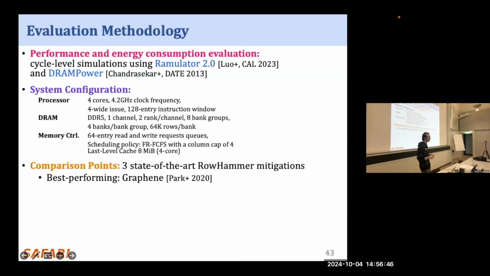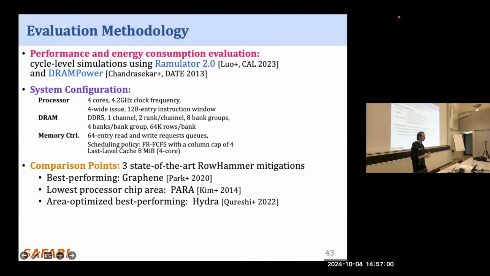First is Graphene, which is the best performing, but as Nisa showed, it has huge overheads as NRH decreases. We have PARA that consumes the least area overhead among the mechanisms that we discussed, but has high performance overheads. And Hydra that tries to strike a balance in between by keeping some stuff in DRAM while caching them in the memory controller to be able to keep a low area overhead in the processor chip and low performance overhead as well.